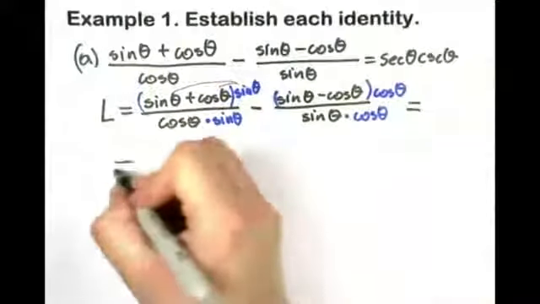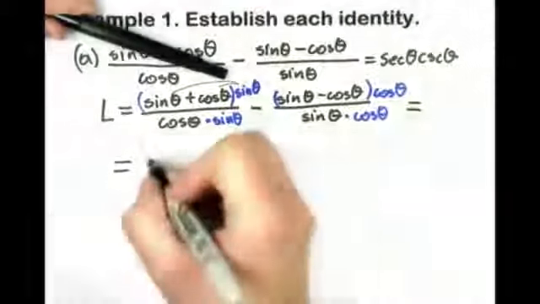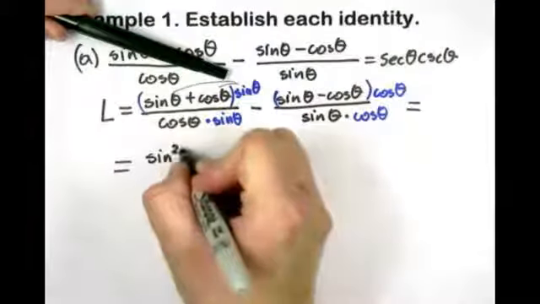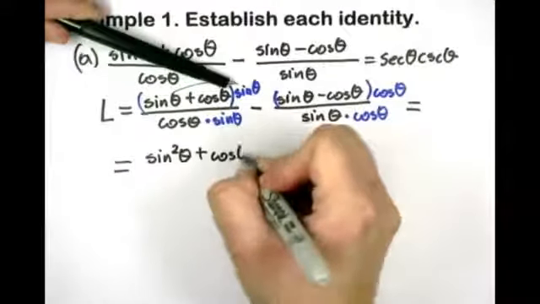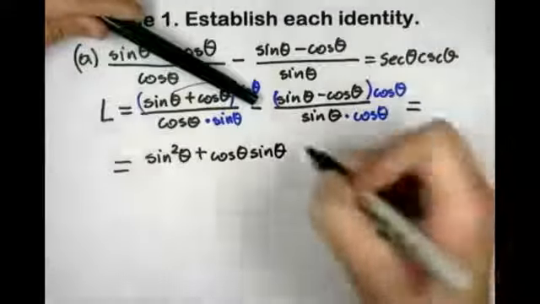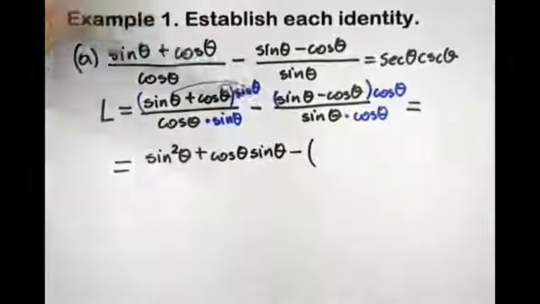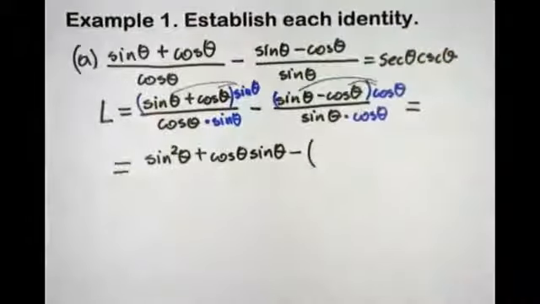So we have sine times sine is sine square theta. Cos times sine is just cos sine. Then we have this minus, and we're going to put in the bracket because we need to distribute the cos and that minus. Make sure you distribute the cos and the minus.